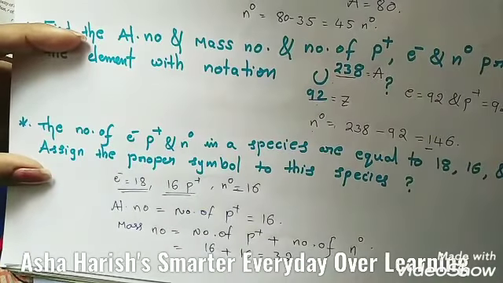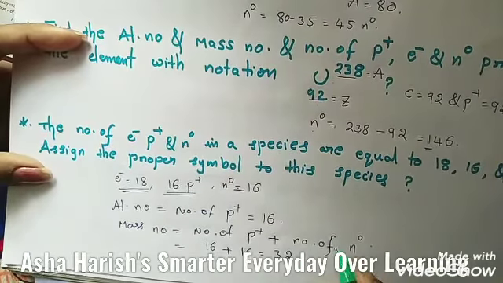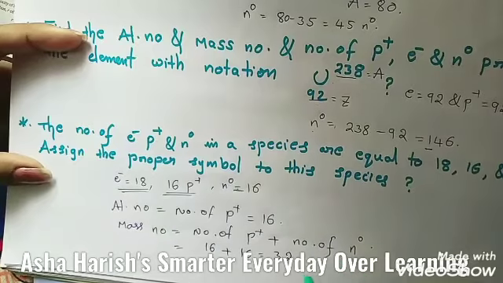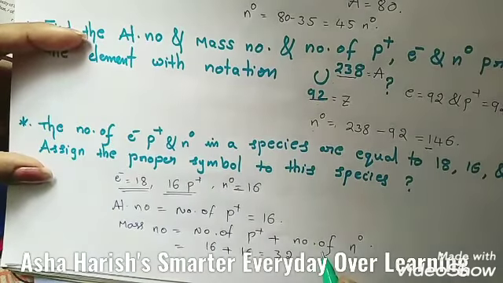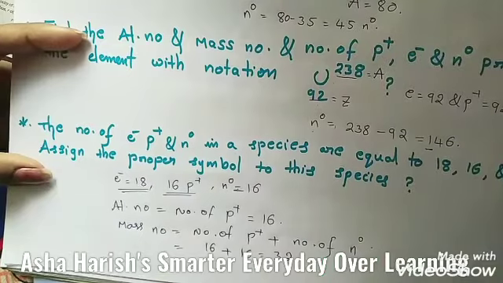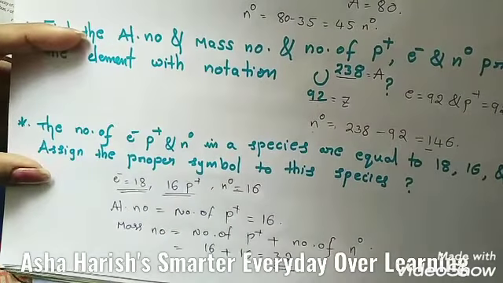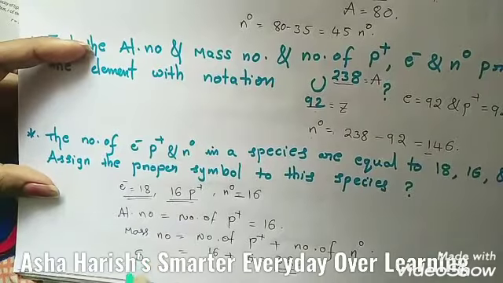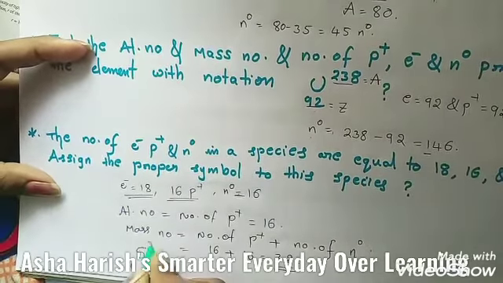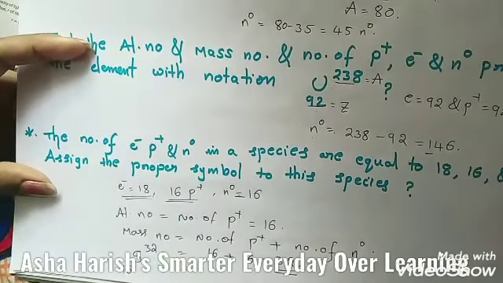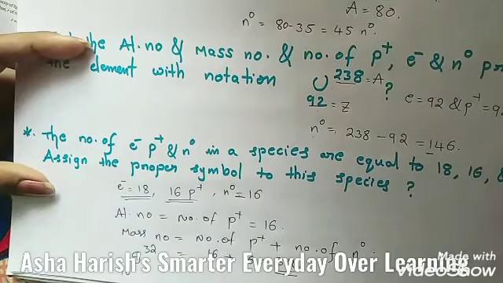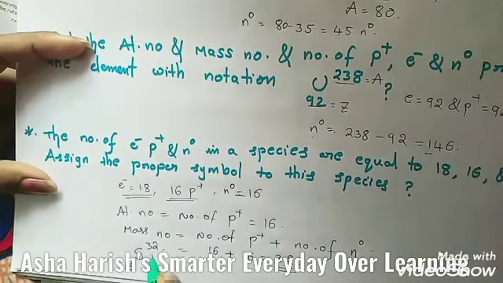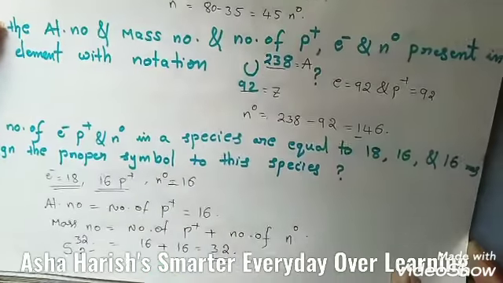Then as the species has 2 electrons more than the protons, it has 2 units of negative charge, and the species is 32, meaning the species can be sulfur. 16 and 32, where 32 is the mass number, and it has the negative charge, 2 minus.